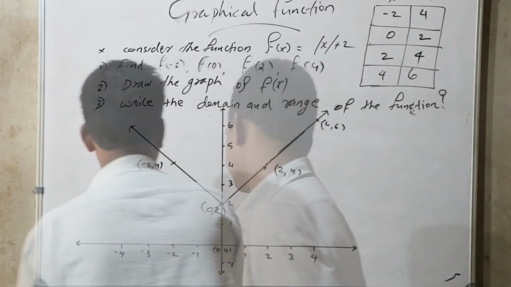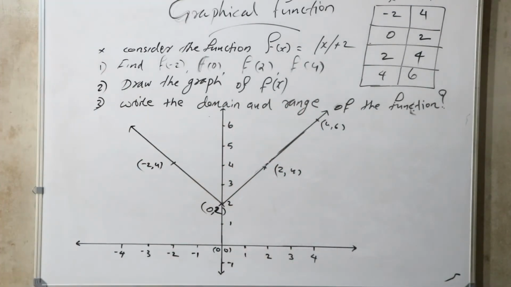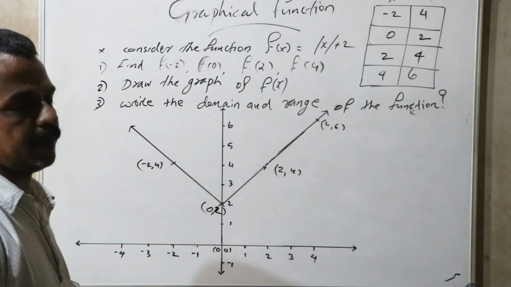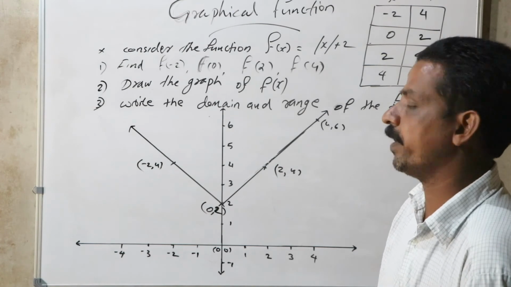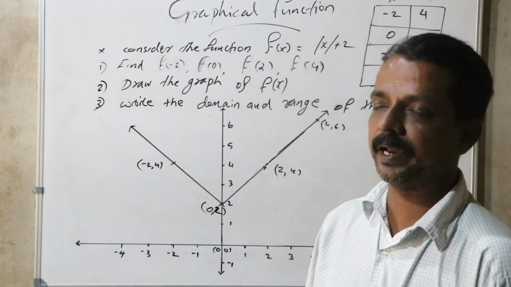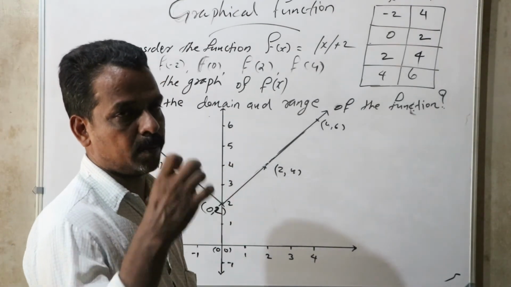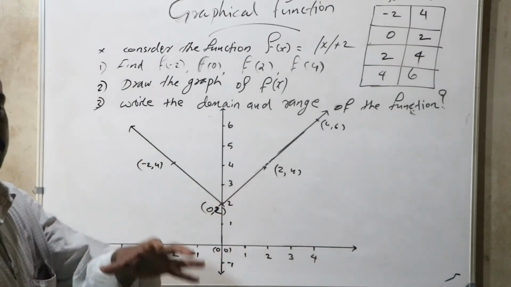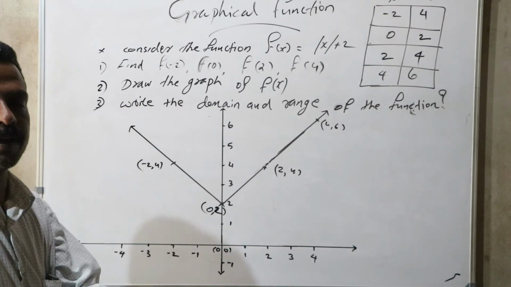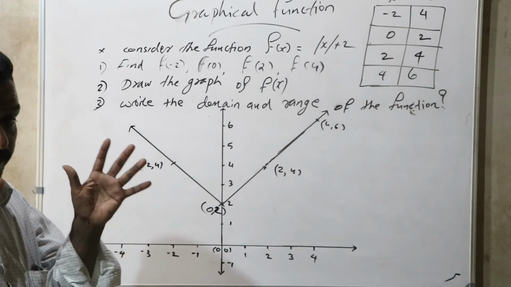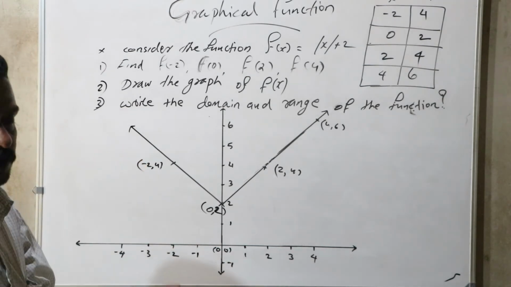Okay. What is the next sub question? Write the domain and range of the function. In the last video we studied how to find the domain and range from a graph. To find the domain, we must consider the graphical line according to the x-axis.